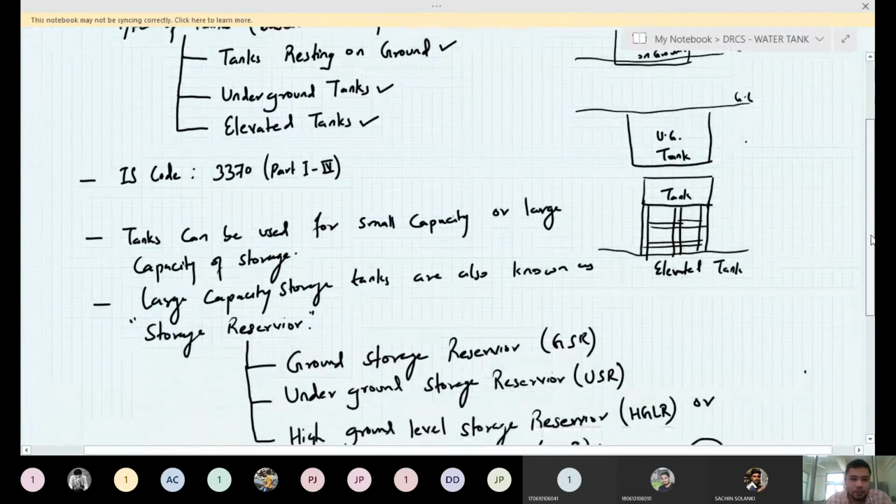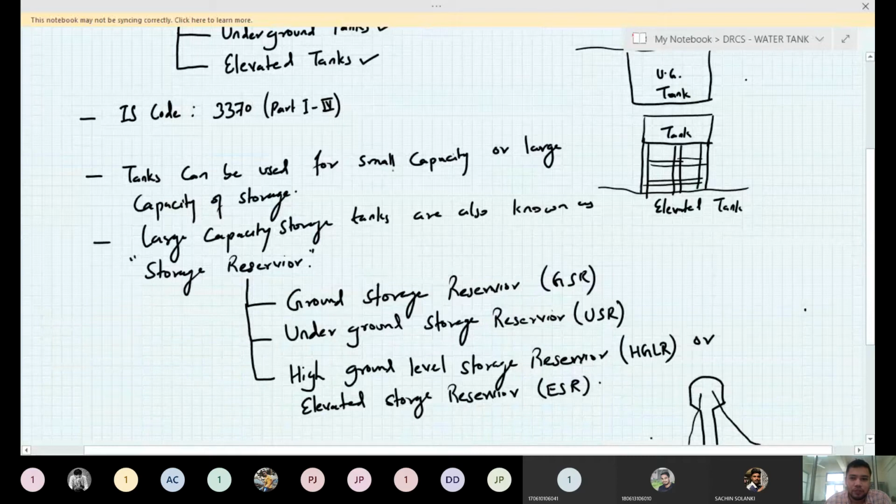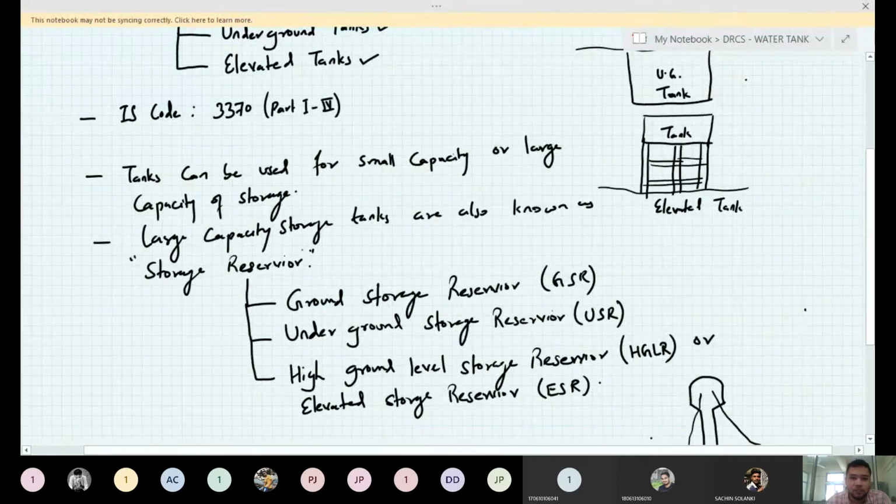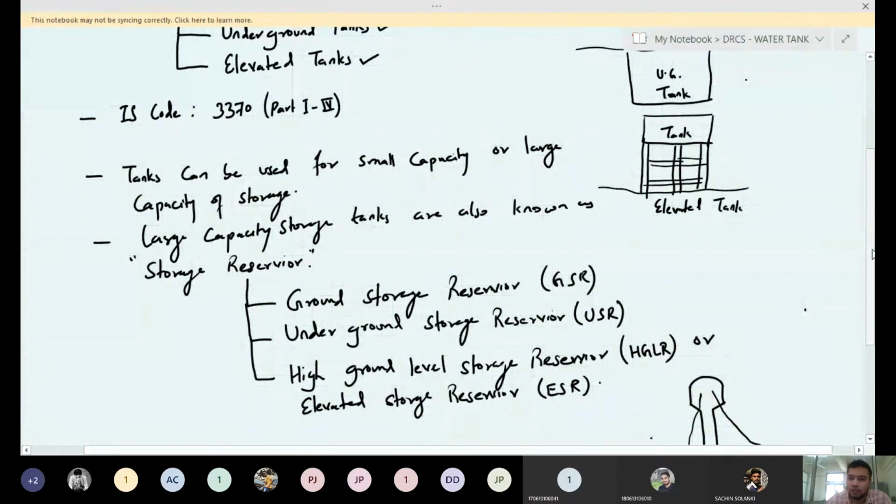The tanks can be used for small storage capacity as well as large storage capacity. The large storage capacity ones are usually known as storage reservoirs, and depending on the placement, we can have ground storage reservoir, underground storage reservoir, or elevated storage reservoir.